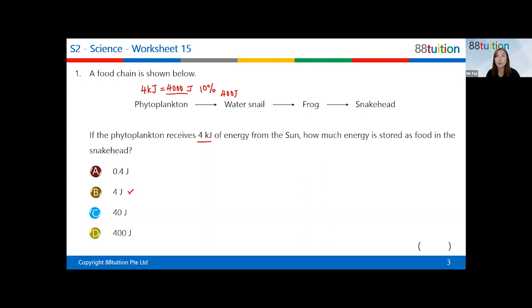Okay, Kaden, finish this up. So you know that is another 10%.